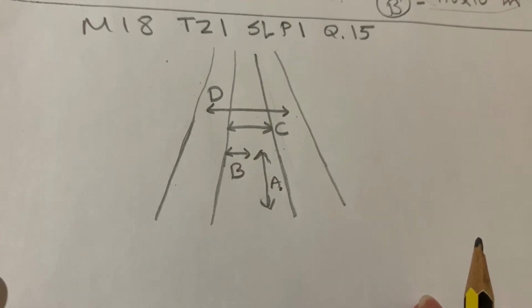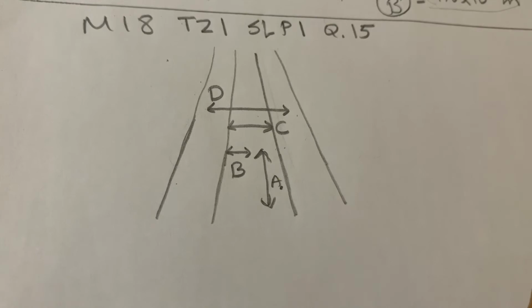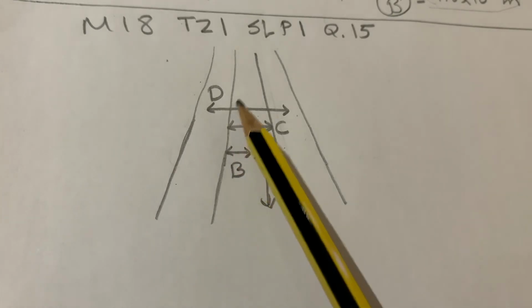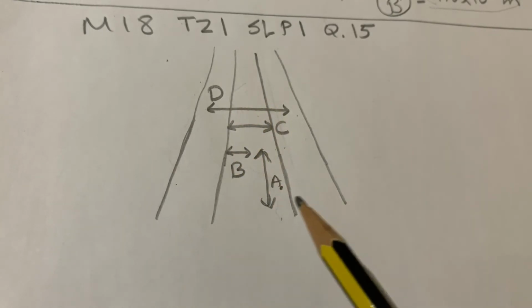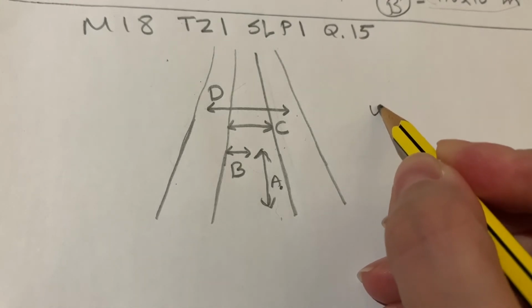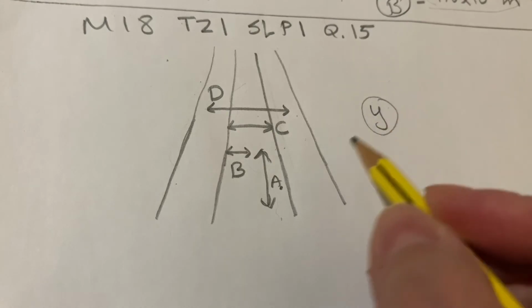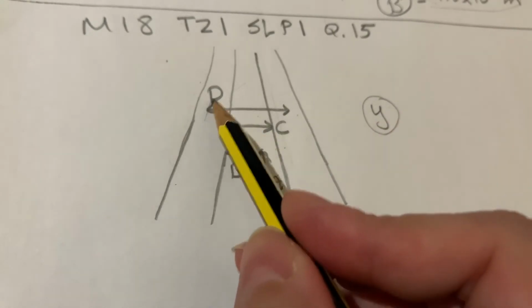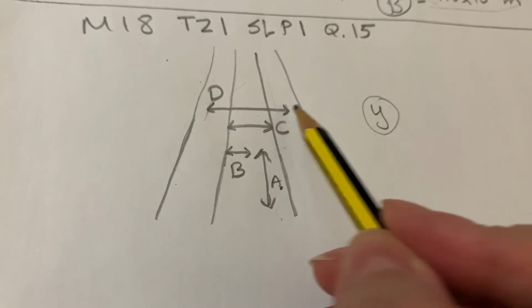The last multiple choice question gives us a diagram, which we actually saw in the lesson video. So we're given 4 options, and the question is asking which is the choice that corresponds to one fringe width. So we're looking for which one is Y. Well, if you look at D, this is 2Y.